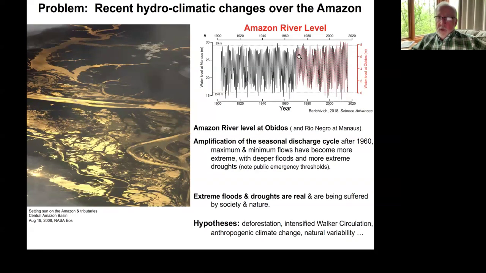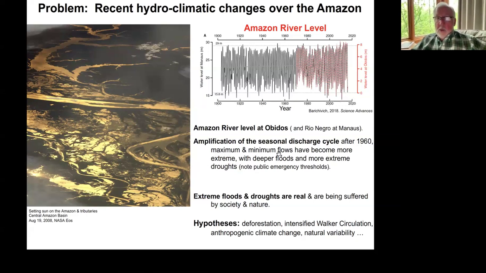The red part is when they started making observations at Obidos. And the black part is at the Rio Negro at Manaus. It's basically the Amazon River. And we're seeing that the seasonal discharge cycle has been amplified after 1960.